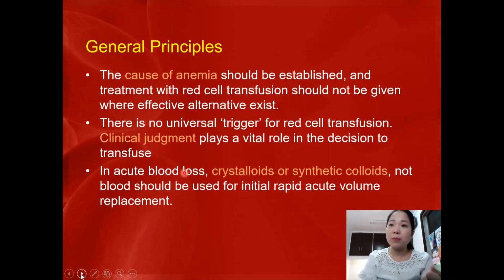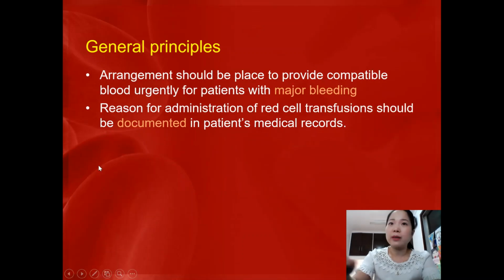If you are presented with an acutely bleeding patient, it is not blood that you should replace immediately. You should initially replace rapidly lost volume by giving hydration. You can give crystalloids or synthetic colloids. And if you have a patient with major bleeding, then you have to alert the blood bank for your massive transfusion protocol.